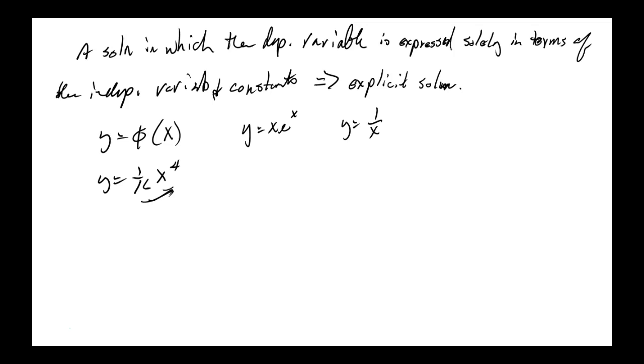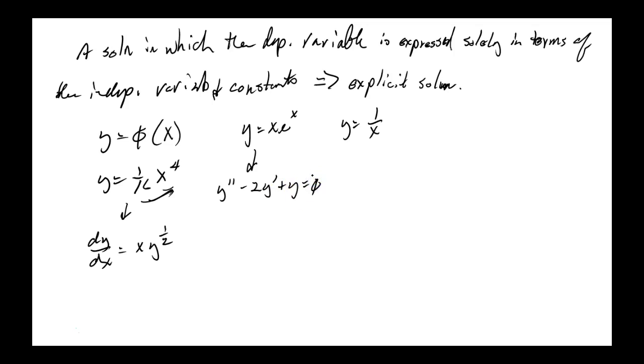Now, this is a solution for the differential equation dy/dx is equal to x y to the 1/2. We did that last time, I'm pretty sure. This one was a solution to y double prime minus 2y prime plus y is equal to 0.